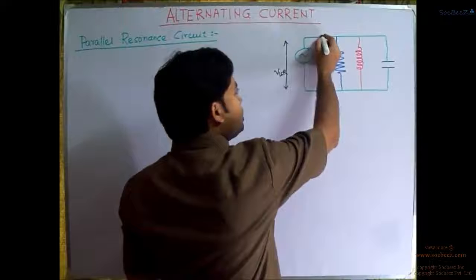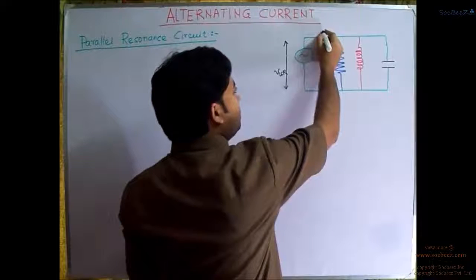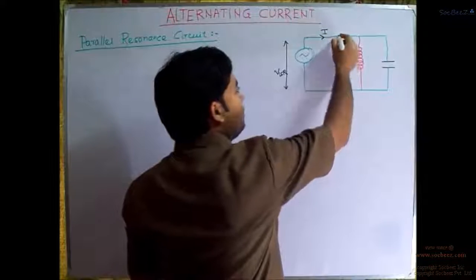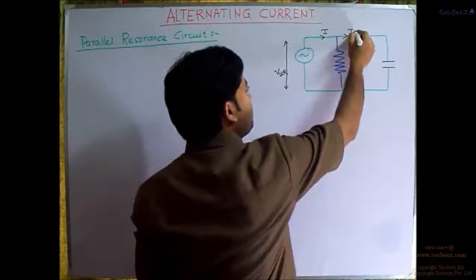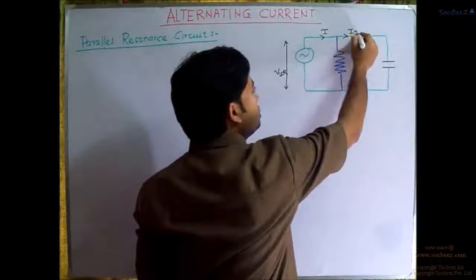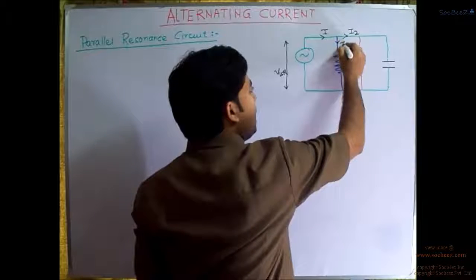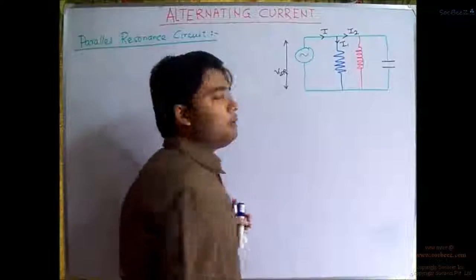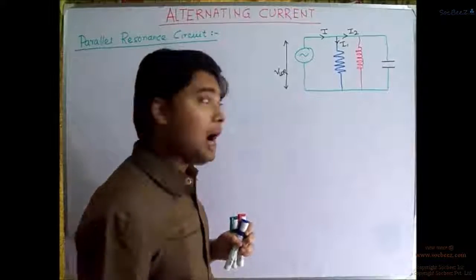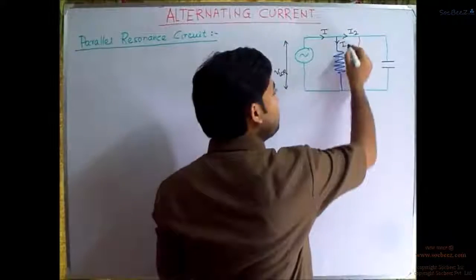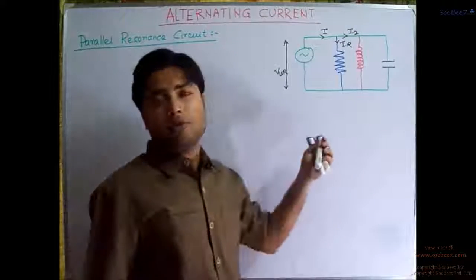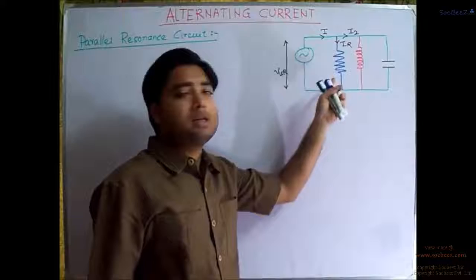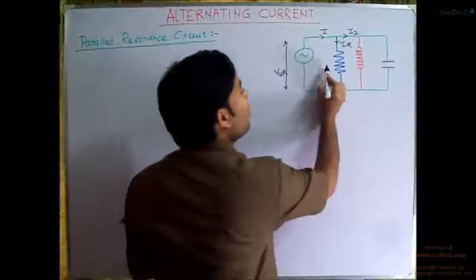Now, applying the junction rule, if this is the current I flowing, obviously we shall see that this is, for example, I2, then this will be I1. We can say that I1 plus I2 is simply equal to I. Let us give it as IR, because this amount of current is passing through the resistor of resistance R ohm.